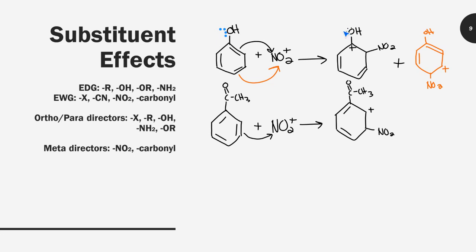And because this is an electron donating group, it can donate these lone pairs of electrons to the ring, which neutralizes this positive charge. And the less charge you have localized in one place, the more stable it is. So this benzenium ion is more stable because of this EDG and because it's on this C1. Also, if I add it to the para carbon here, if I break this double bond, add it to the para carbon here, that'll form a positive charge here.